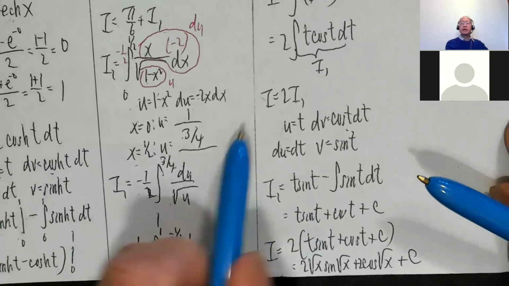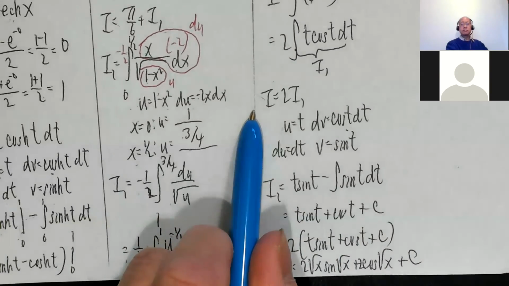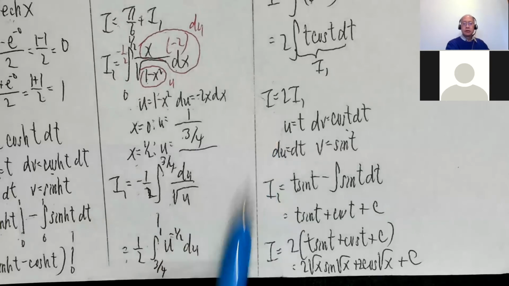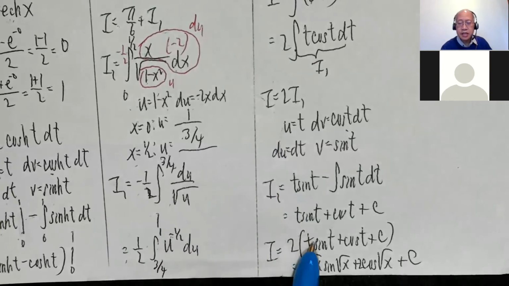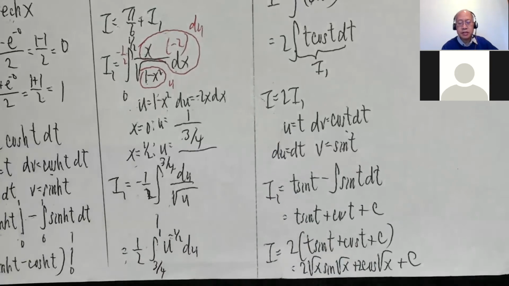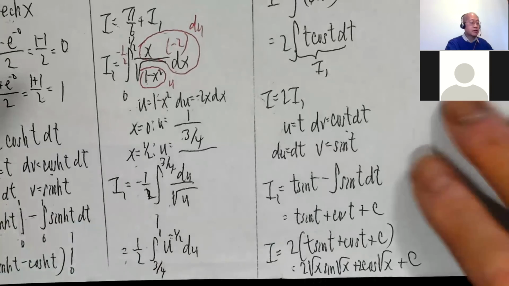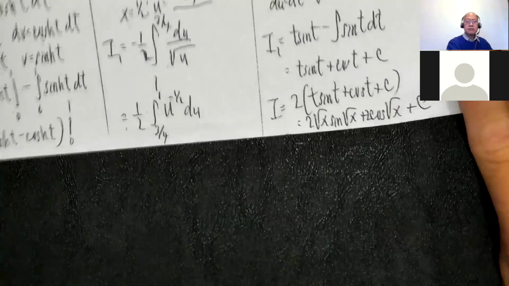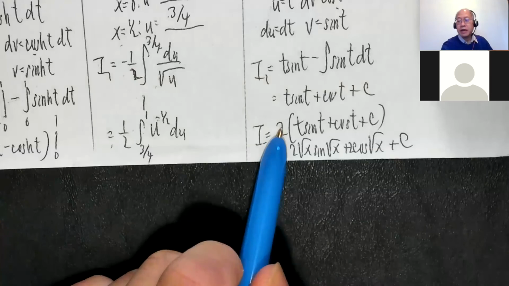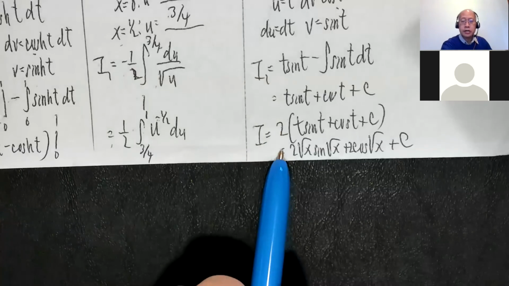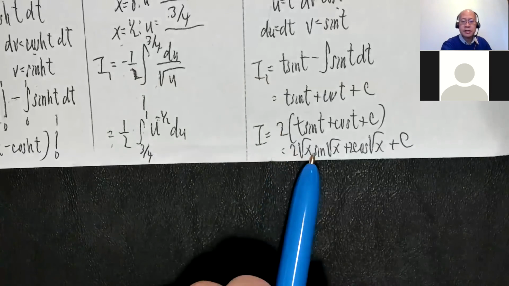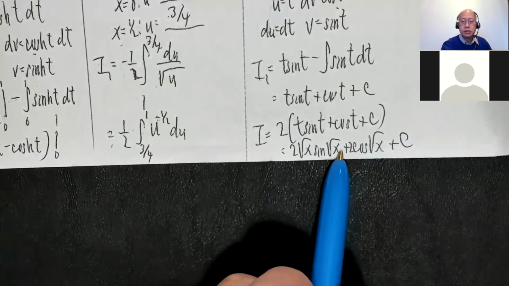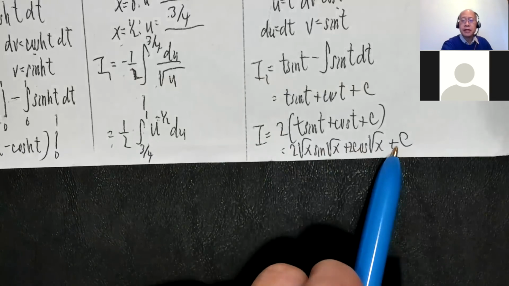That's I1. I, the original integral, is 2 times that. So 2 times t sine t plus cosine t plus c, and then change t back to what it was. t was radical x. So everywhere I see t, make it radical x. So I distributed also: 2 radical x sine radical x plus 2 cosine radical x plus c.